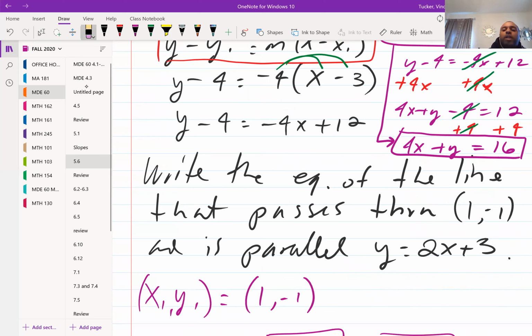All right, so next one, write the equation of the line that passes through (1, -1) and is parallel to y equal to 2x plus 3.